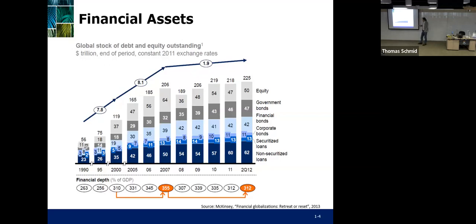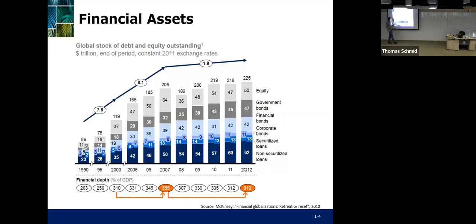For this time period, it shows you the global stock of debt and equity, basically the global stock of financial assets, in trillion US dollars. No, I think it's not inflation adjusted, sorry. Trillion US dollars, okay? So in 1990, the global stock of debt and equity was 56 trillion US dollars.